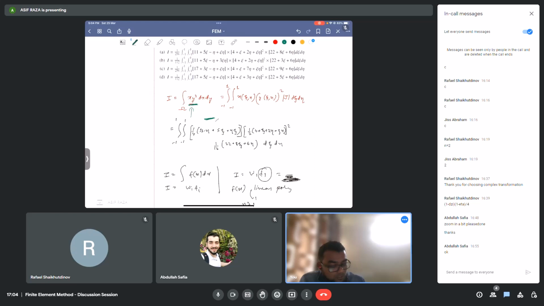But the dependence on y in this function is quadratic. So to get an exact value, you need to take two integration points along the y direction and one integration point along the x direction. I hope that clarifies your doubt, Rafael.